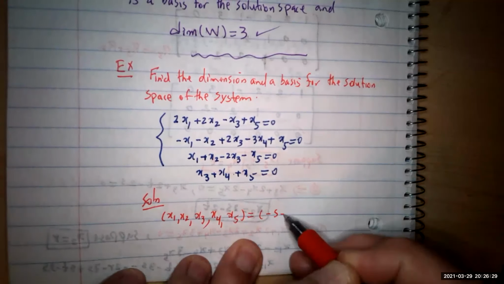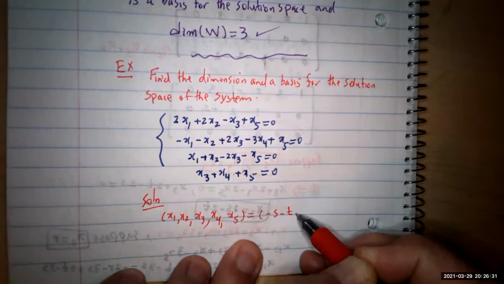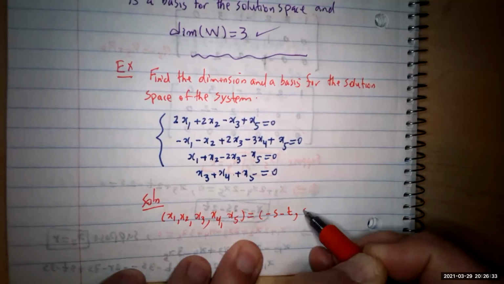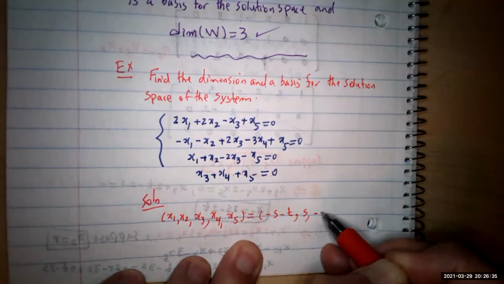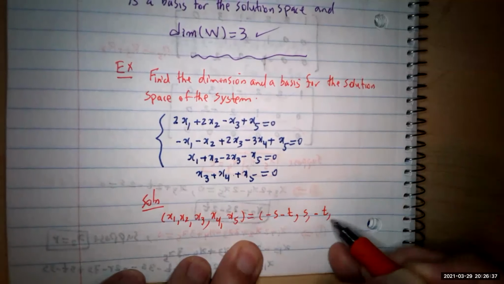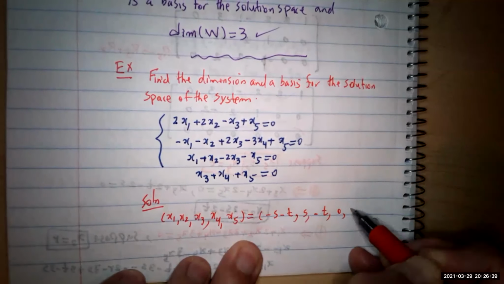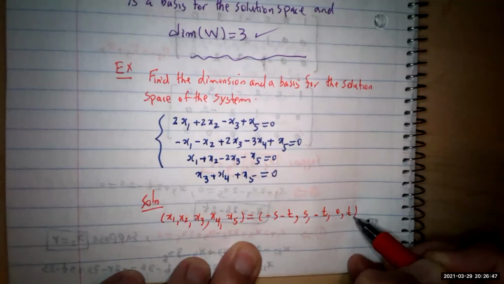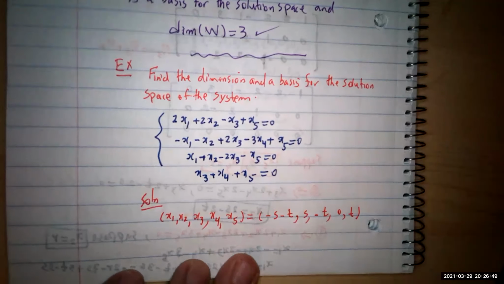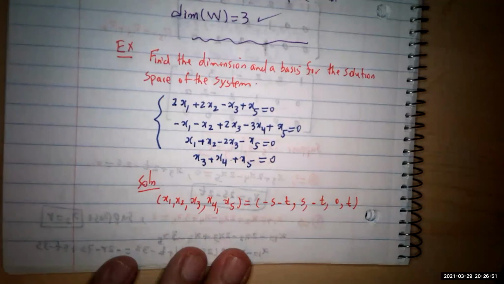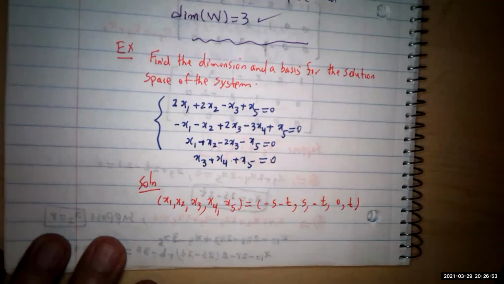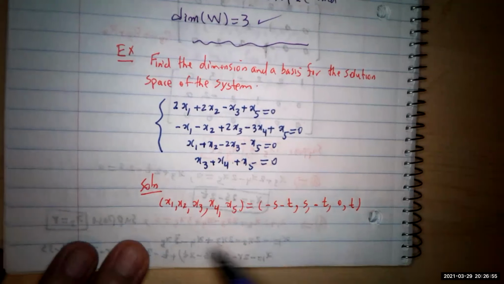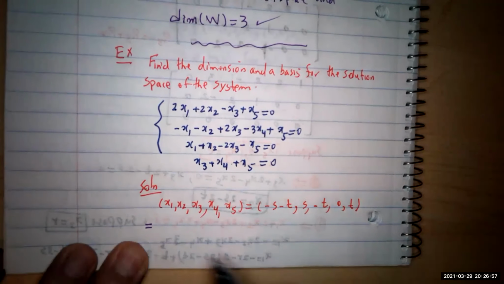You get negative s minus t, and this is going to be s, and this is going to be negative t, and this is going to be 0, and this is going to be equal to t. If you solve this system, x4 would be 0. So you're just using two variables, and easily you can expand it.